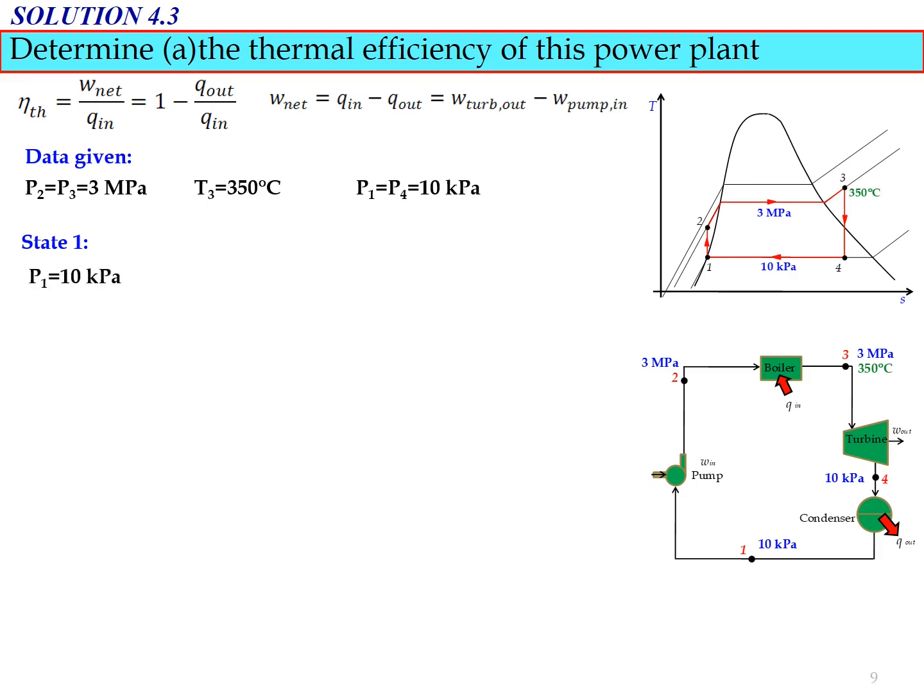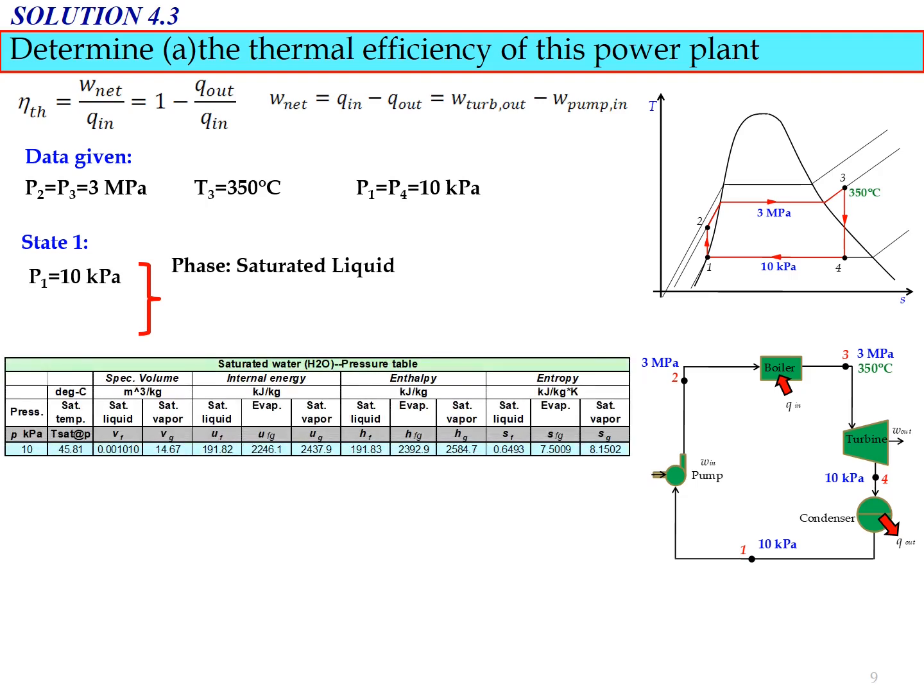For state number 1, the data given is P1 equal to 10 kilopascal. For the water table, at least we need to have 2 pieces of information. Because the cycle is an ideal Rankine cycle, for state number 1 we already have 2 pieces of information. First, the pressure P1 equal to 10 kilopascal. The second, we know that the phase for state number 1 is saturated liquid.